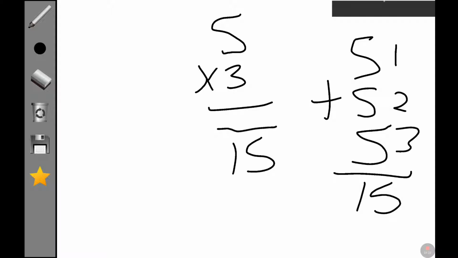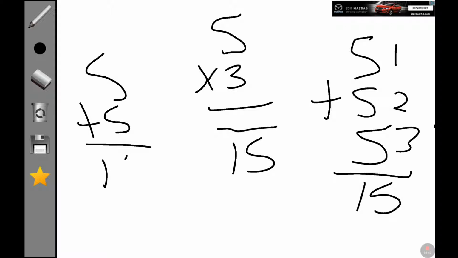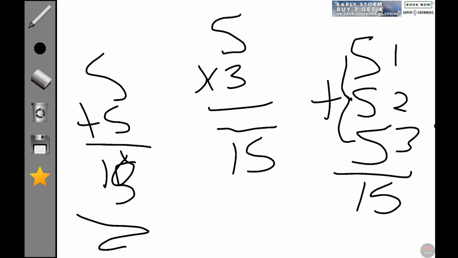If you add up 5 plus 5, it equals 10. So we're just adding up these two, and then plus 5, which is 15. So that will be the answer to the multiplying.